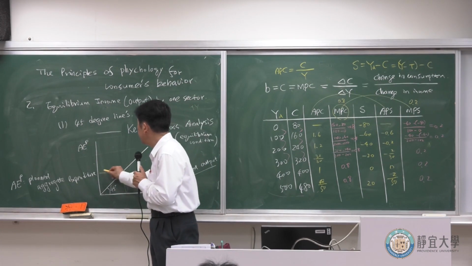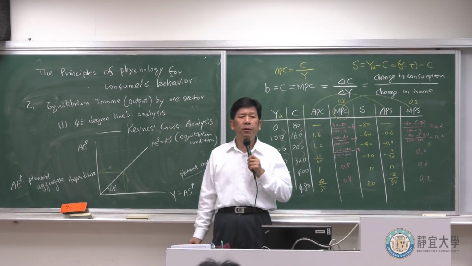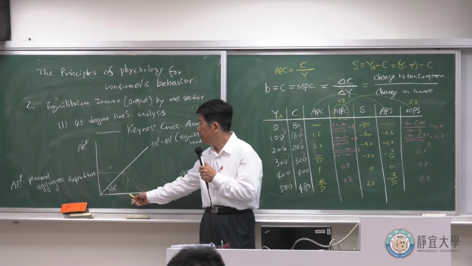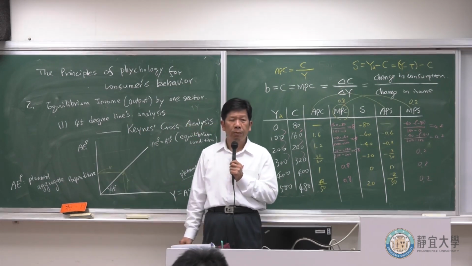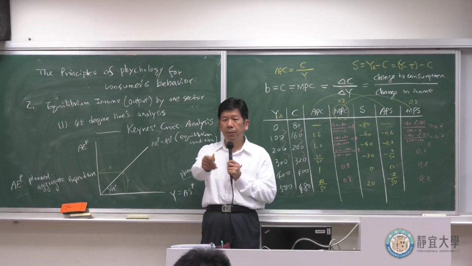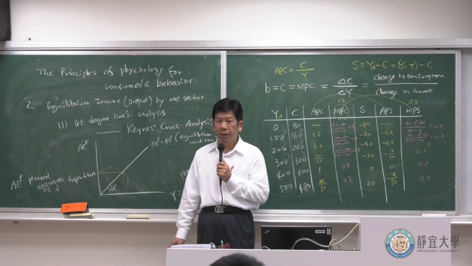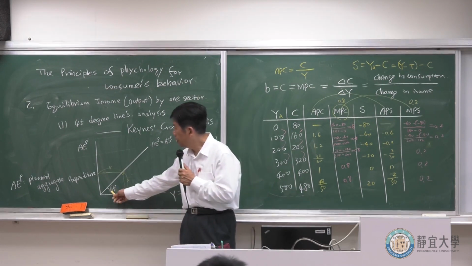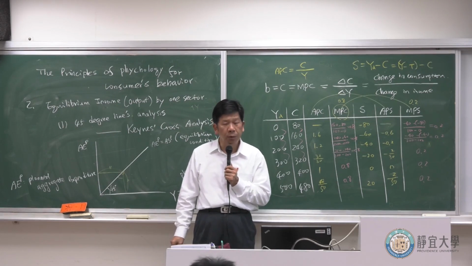Do you know why? So, Christine, do you know why the distance from this point to the x-axis and the y-axis will be equal? How about you? 45 degrees separates the two axes. Right. So here, 45. This would be 45 as well.